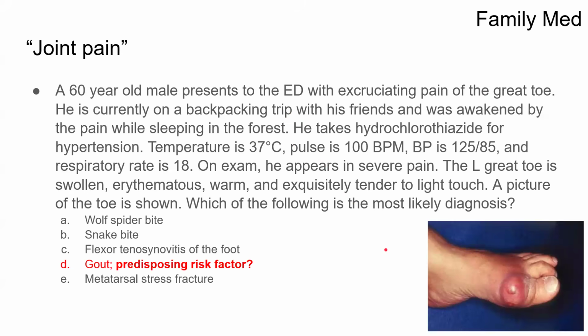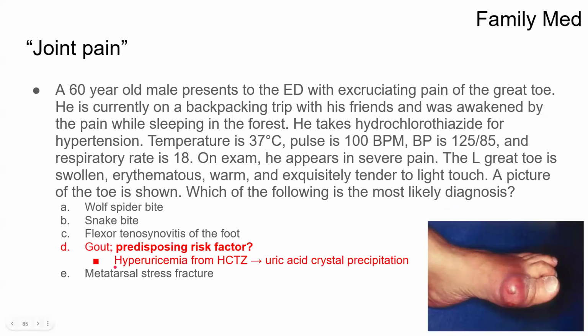So the main reasons why you're thinking about gout, I'll get into that in a second. There's one detail in this patient's history that is a likely predisposing risk factor for gout. In this case, it is that he takes hydrochlorothiazide for hypertension.